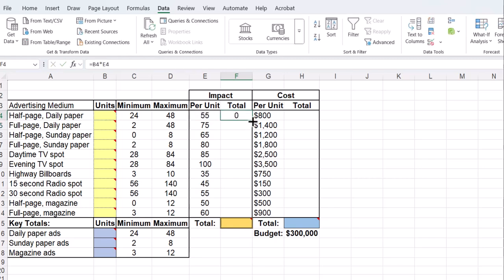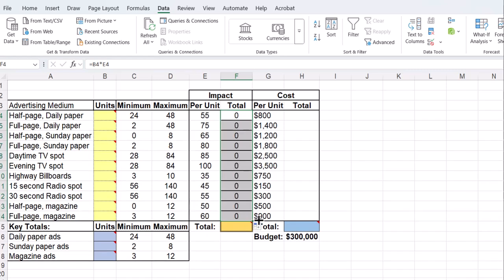And I can just run that all the way down, and you'll see that that's B14 times my E14. And then here, for total impact, I have to go ahead and put in a formula, right?